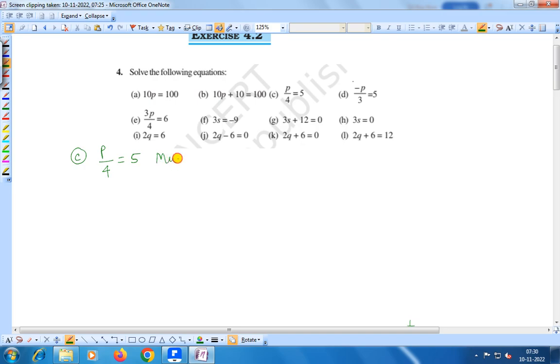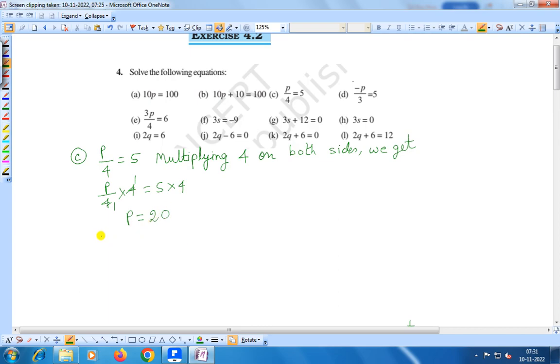Multiplying 4 on both sides, we get p by 4 into 4 is equal to 5 into 4. That is 4 1s are 4, 4 1s are 4. That is p is equal to 5 4s are 20.